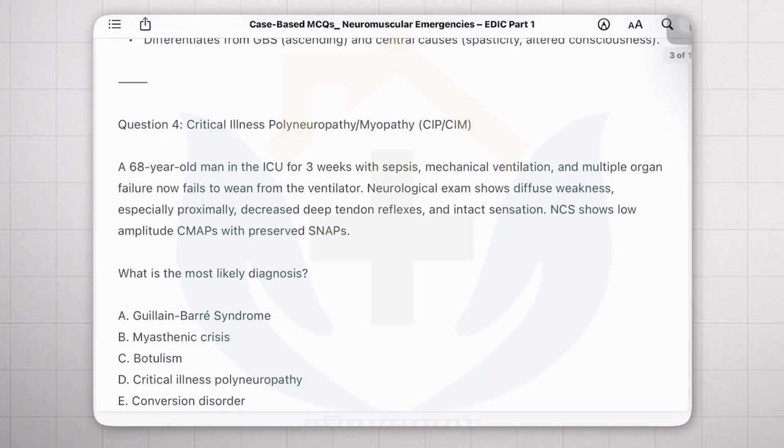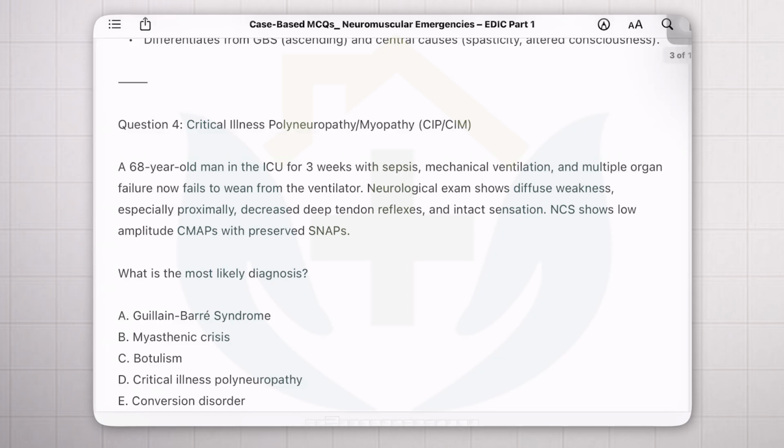That means it's a failure to wean. Neurological examination shows diffuse weakness, especially proximal weakness, with decreased deep tendon reflexes and intact sensation. The nerve conduction study shows low amplitude CMAPs with preserved SNAPs. What is the most likely diagnosis?